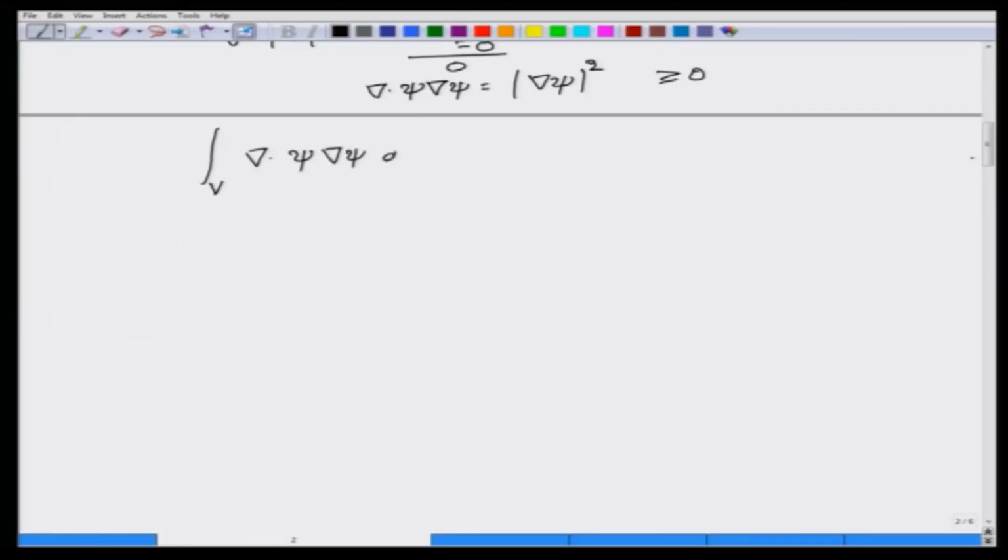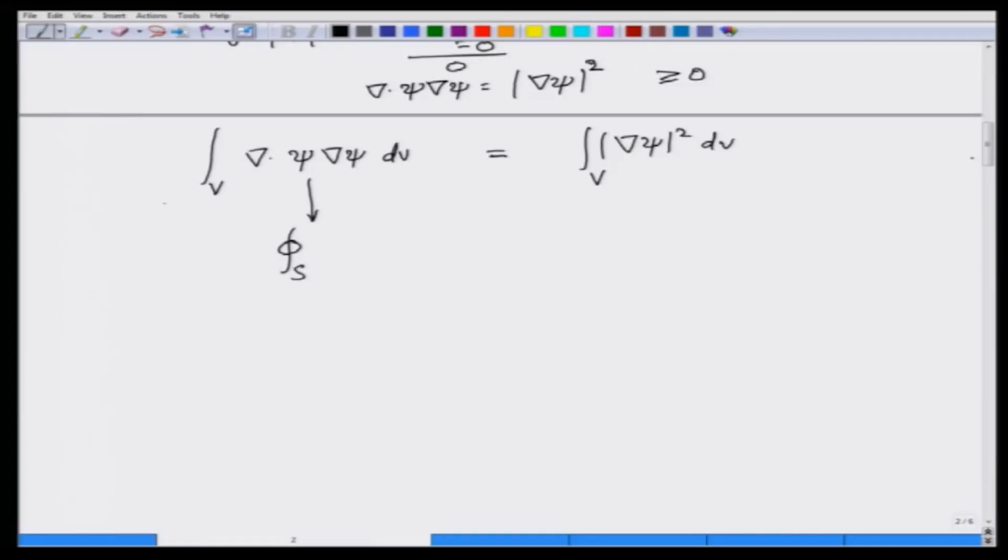On the right hand side, I am integrating gradient psi squared dV over the volume V. Now, I know Gauss's divergence theorem, which allows me to convert an integral of this nature into a surface integral, except that the surface has to be closed.